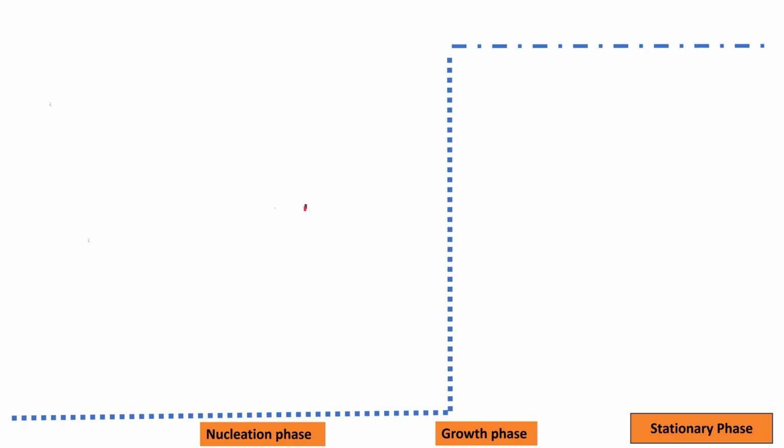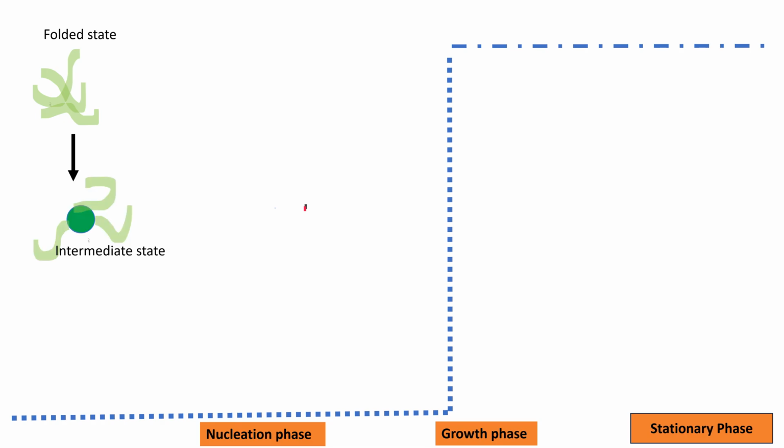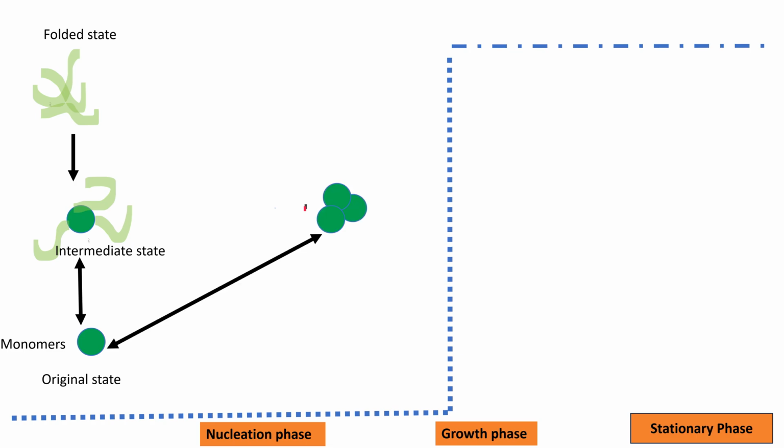The first one, nucleation, is the initial phase, where soluble monomers assemble into small aggregates called nuclei. This phase is thermodynamically unfavorable because it requires overcoming an energy barrier. Critical nucleus: once formed, this nucleus becomes a stable seat for the addition of new monomers.